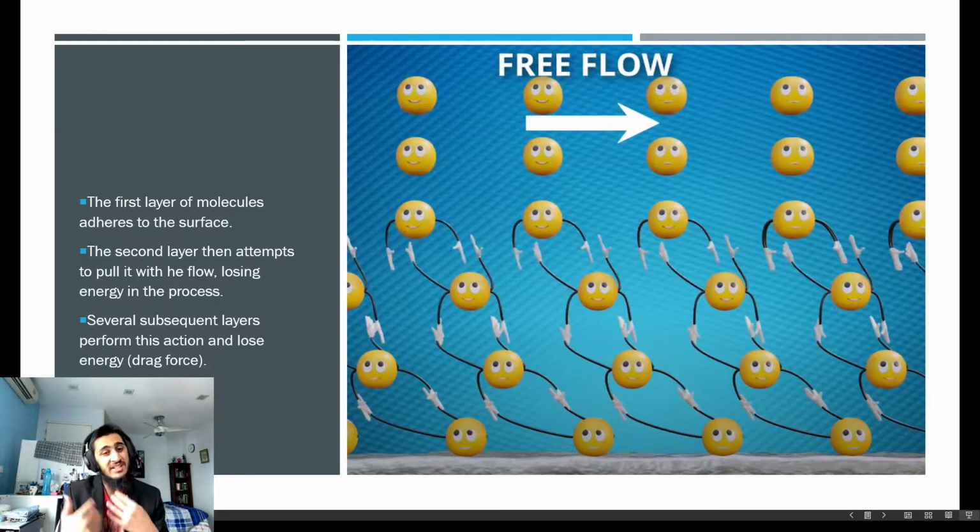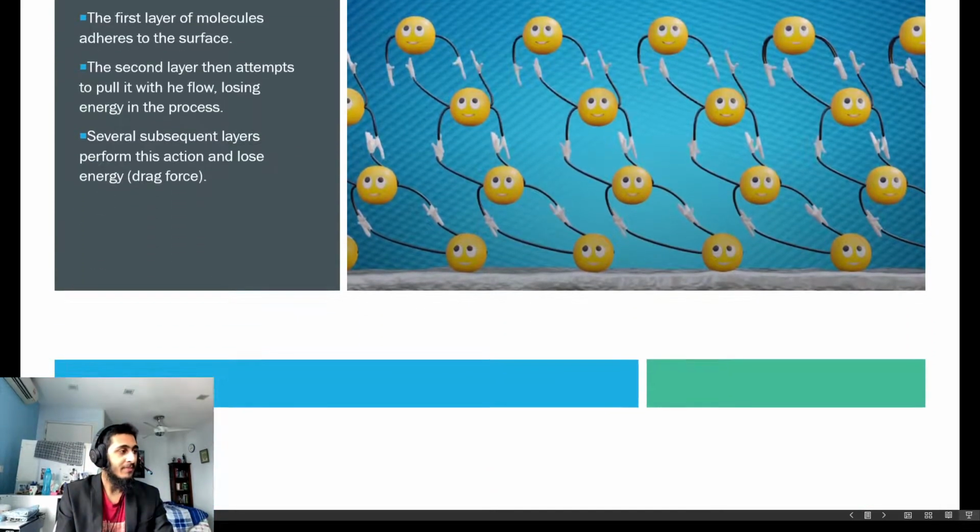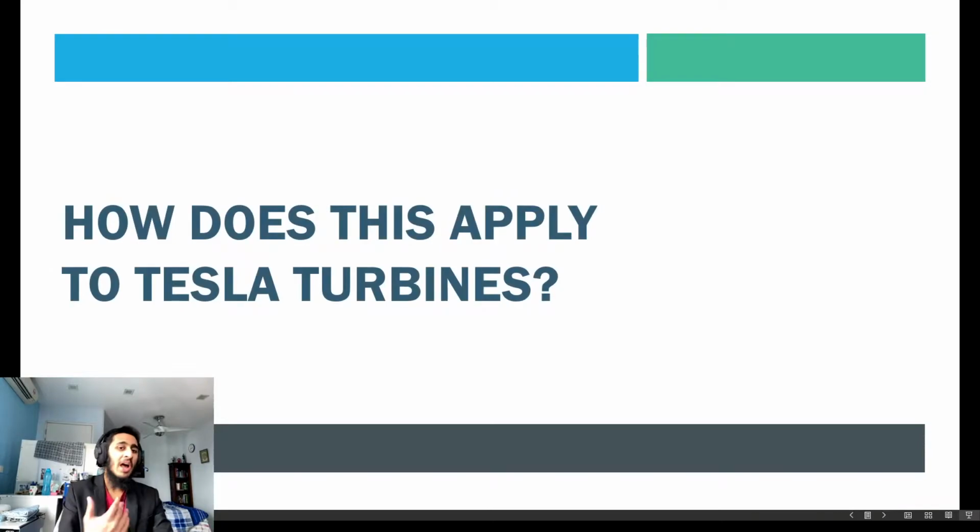Obviously, more viscous liquids have stronger forces attracting between the molecules within the boundary layer. So let's look at steam, for example, which is the example we are going to take for the sake of explaining this concept.